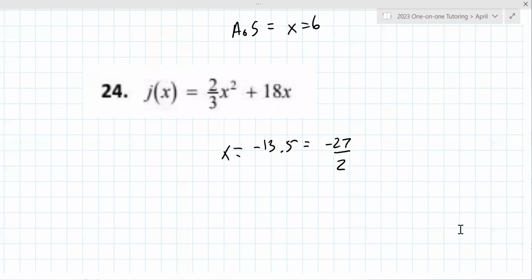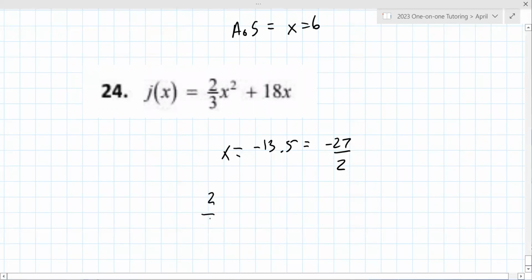So there's a numerical error there. What kind of calculator are you using for this? TI-84. Your TI-84 will accept this completely. I don't know how to do fractions. Okay, so let me show you how to write this.